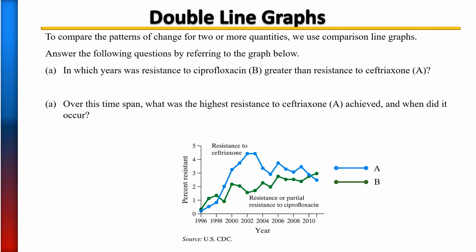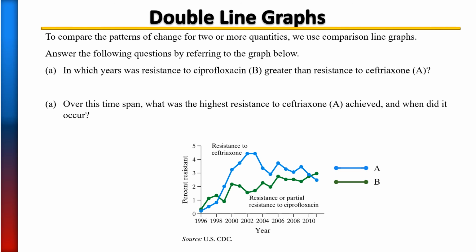So our question here is, in which years was the resistance to Cipro greater than the resistance to Ceph? In other words, we want to look at the line graphs.